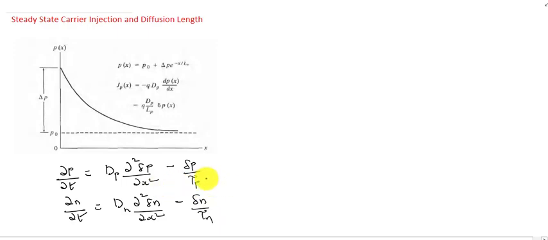So actually these equations are known as the diffusion equations. We have just derived the diffusion equations.